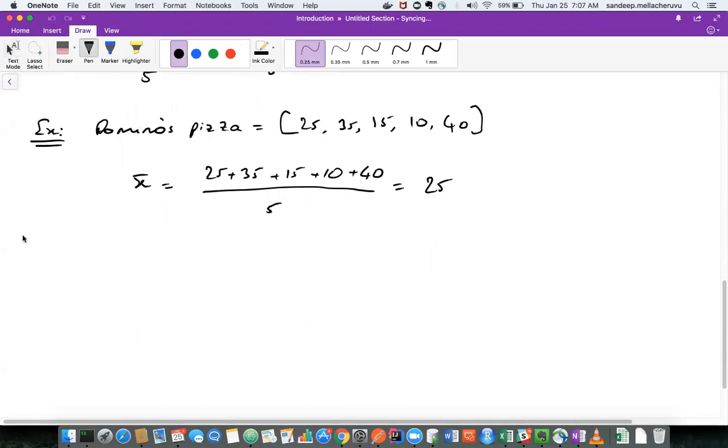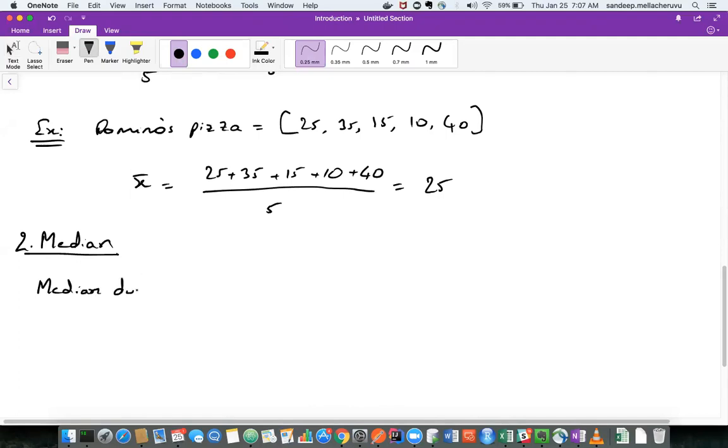Is that clear? And the second one is median. Median is also closely related to averages. The only thing is it doesn't get impacted by the extreme values. Let me write that.